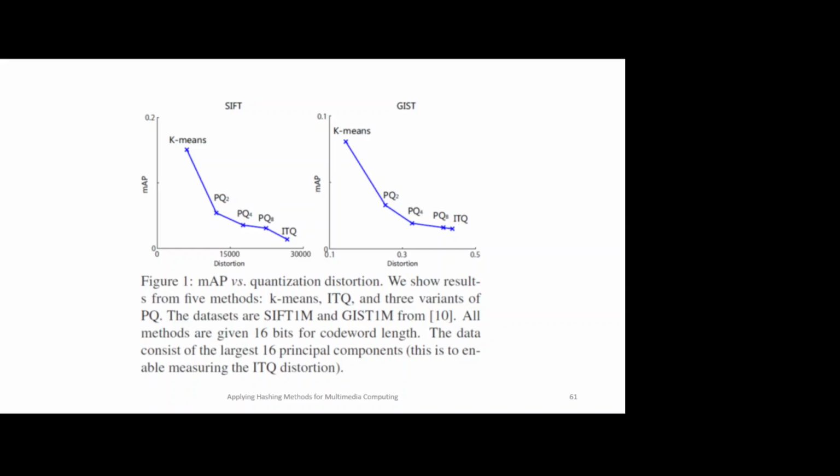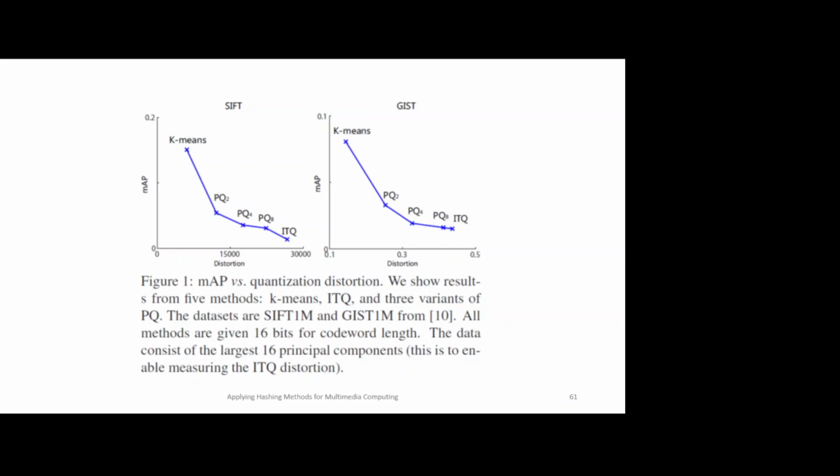So you see, with all the methods, we just encode all the data points to 16 bits. We just compress the original data point to 16 bits. And you can see K-means gets the highest MAP because its distortion is lowest.